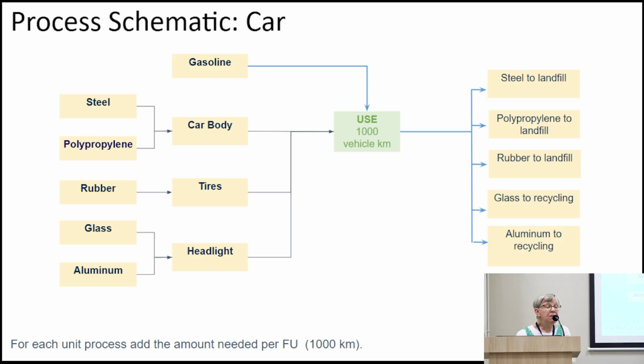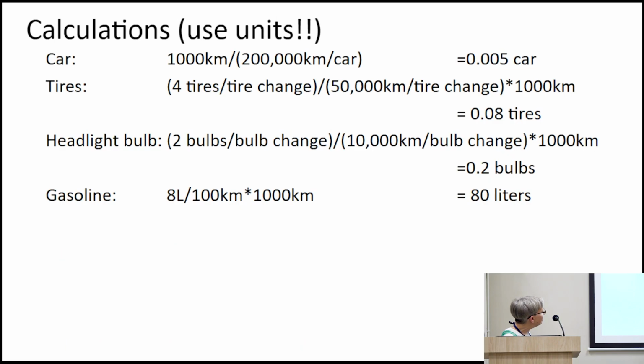So in this case, we defined the functional unit as driving 1,000 kilometers. It doesn't say anything about people, it's just driving 1,000 kilometers. And so now our goal is to put numbers on each of these boxes. So tires, it's really the tire manufacturer, the headlight manufacturer. Even though it looks like these are the products, they are the processes of making each one of these in the boxes.